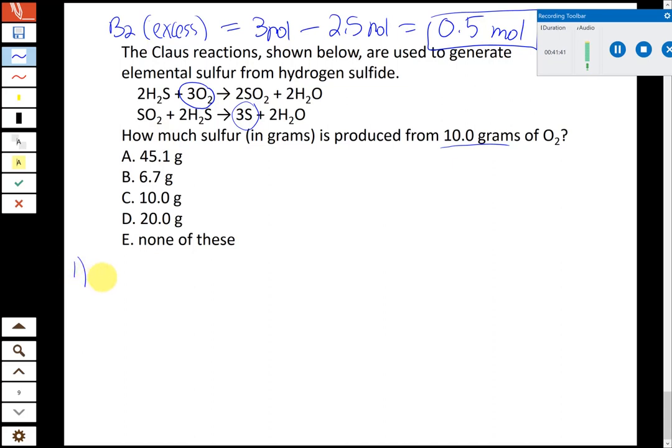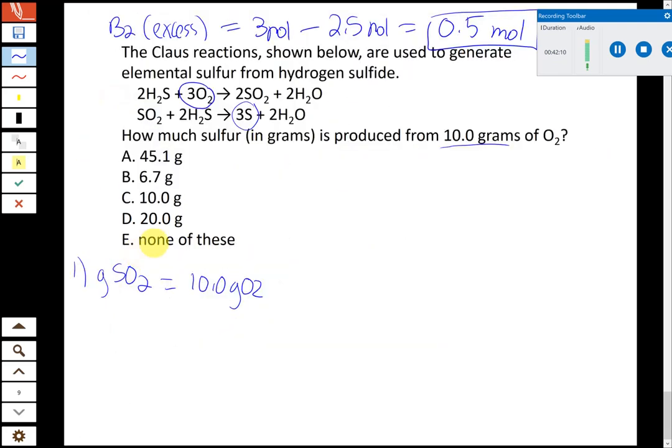So step one, let's figure out how much SO2 forms in the first step. If we have 10 grams of O2, it's going to be a mass-to-mass conversion to figure out how many grams of SO2 form. Now, technically speaking, we could stop at moles of SO2 if we wanted to. So let me basically do it this way first since I already started, and then I'll show you how we don't even really need to do the full mass-to-mass conversion.